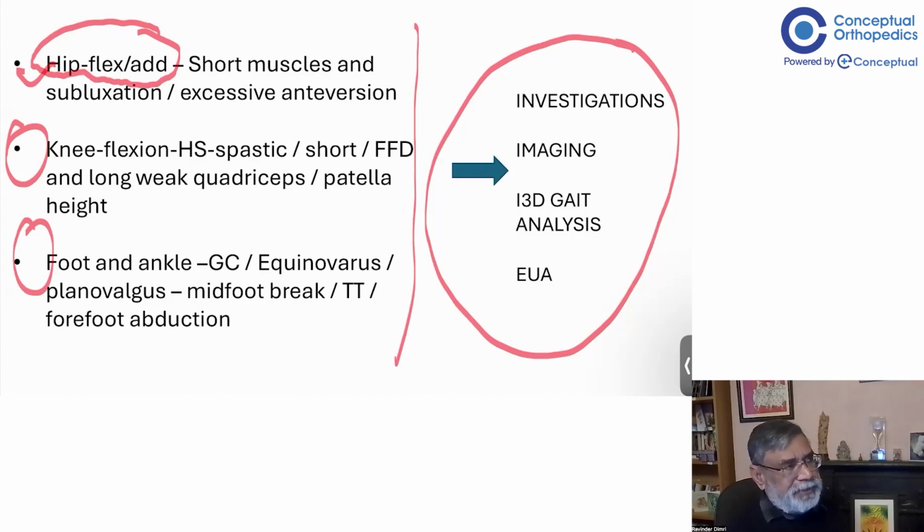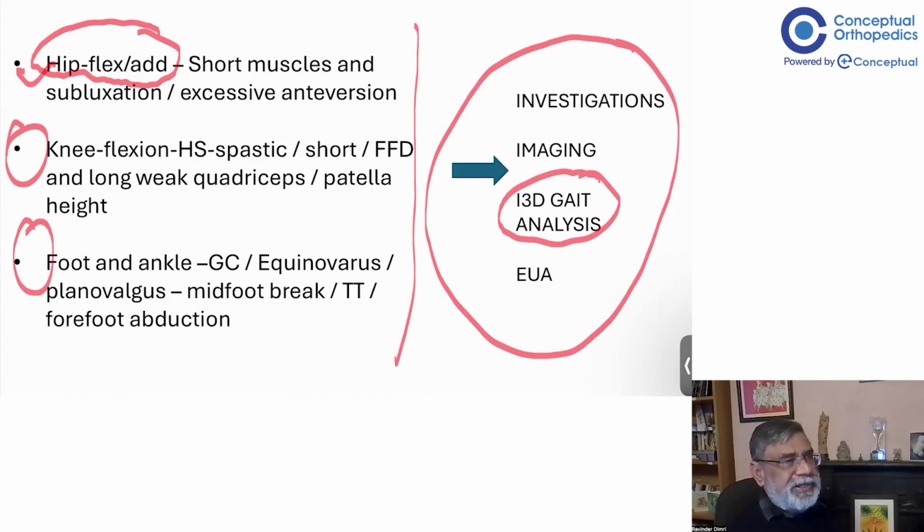And for foot deformity also, whether there's a mid-foot break or not, you do a plain X-ray, weight-bearing X-ray. Then if there is availability, then it will help if you can do a lab gait analysis. What we did just now is observational gait analysis. You can do a lab gait analysis, which is the instrumental gait analysis, where they put a lot of markers on the femur, on the tibia, on the different metatarsals, on the pelvis, on the spine.